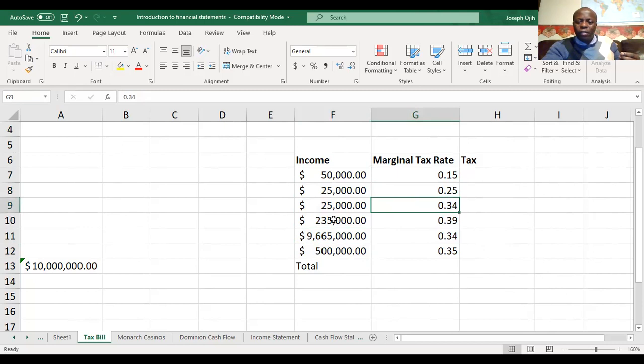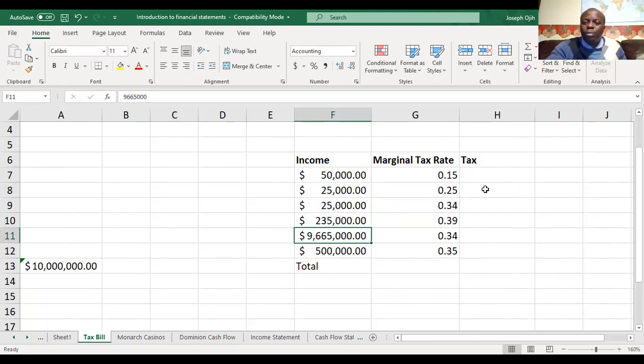Then followed by 35,000, you'll be taxed at the rate of 39%. Then they'll be taking tax for each additional income you earn until the last one. After this one, what is left of the 10.5 million is only 500,000, which will then be taxed at 5%.